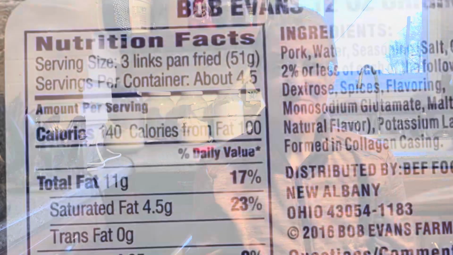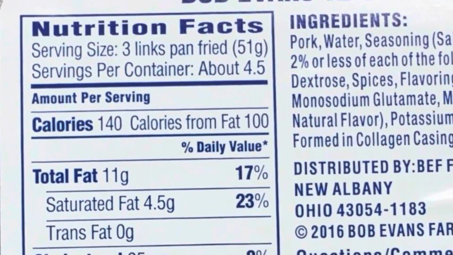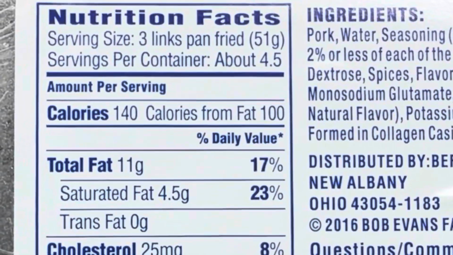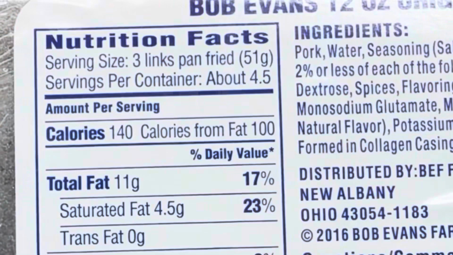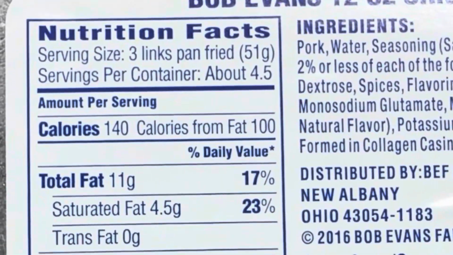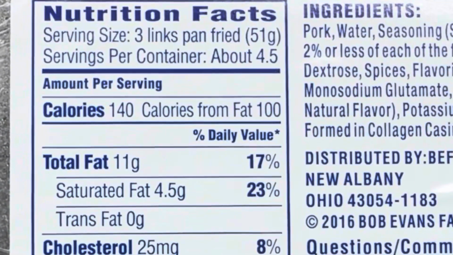Find the serving size. So 3 links is 1 serving. Find the total carbs and find the dietary fiber.